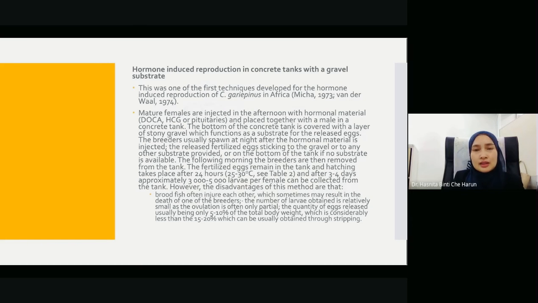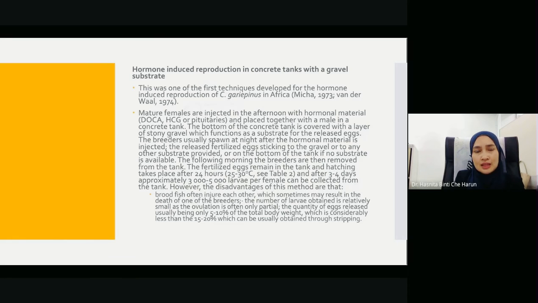And the last one is induced reproduction carried out in a concrete tank with a gravel substrate. This was one of the first techniques developed for hormone-induced production in C. gariepinus in Africa.